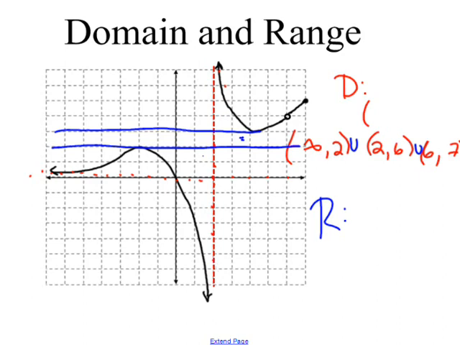So that looks like that's between 2 and 3. So the range looks like it goes from negative infinity to 2. It looks like it actually hits 2, so I'm going to include 2. And then union 3, and it looks like it includes 3 to infinity.